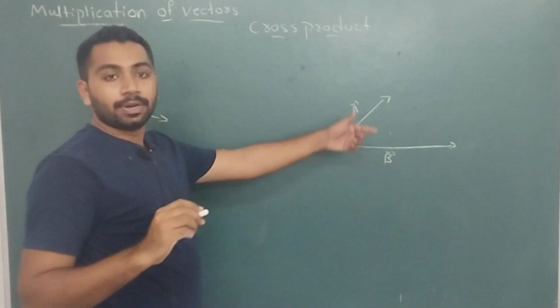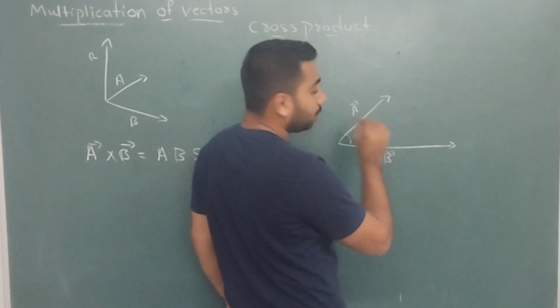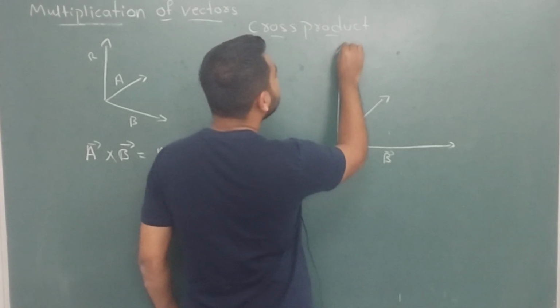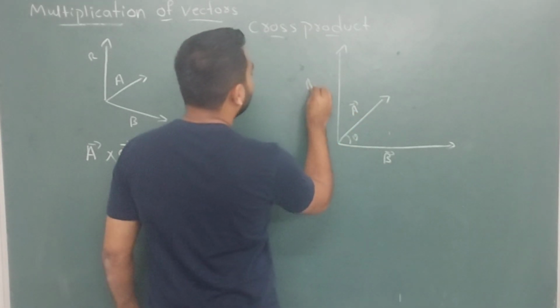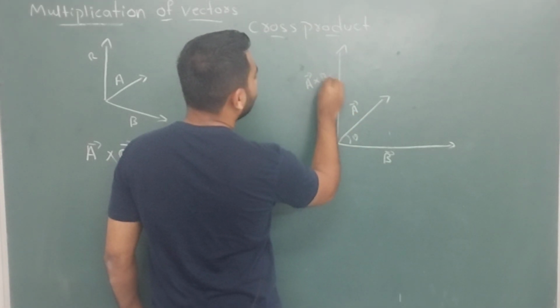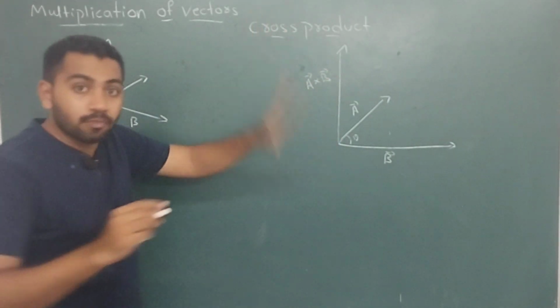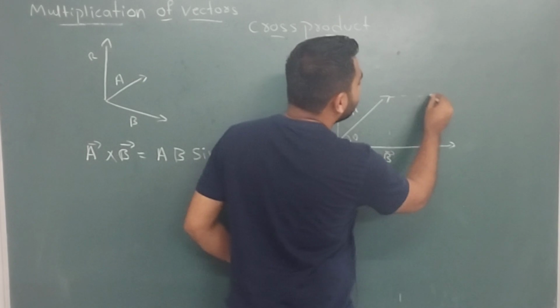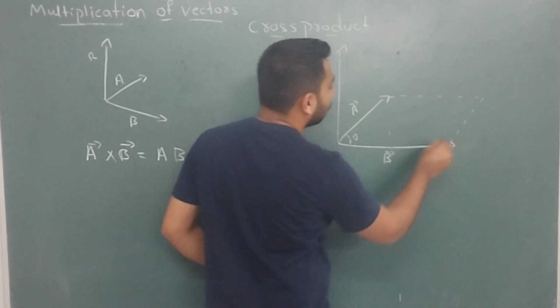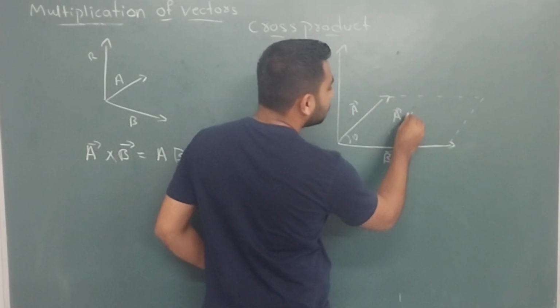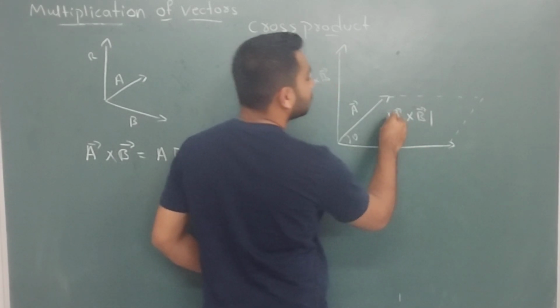If we do the cross product, the answer will be in this direction, but this resultant is equal to the area of this parallelogram.